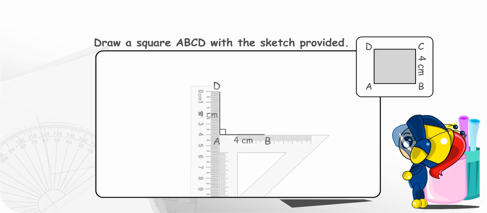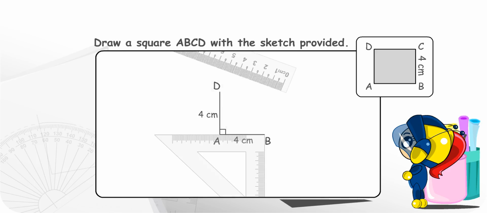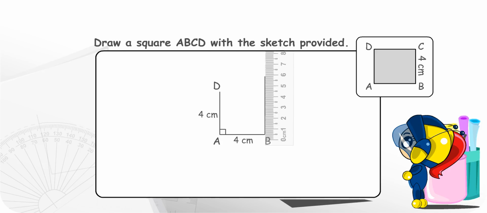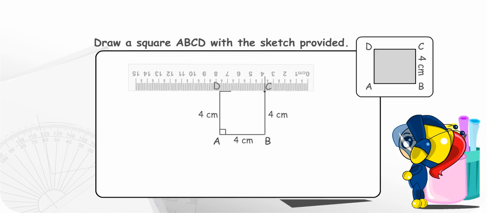Mark point D on the line such that AD is equal to 4 centimeters. Step 4. At point B, draw a line perpendicular to BA using a ruler and set square. Step 5. Measure and mark point C on the line such that BC is equal to 4 centimeters. Step 6. Join DC.